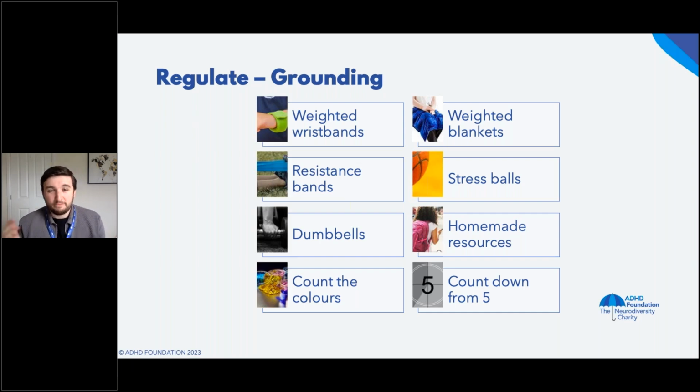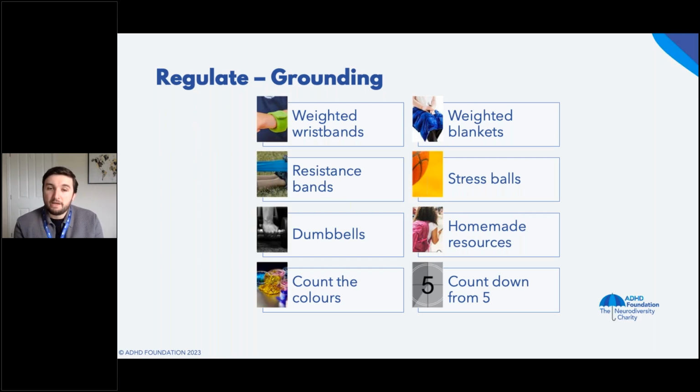It might be an Argos catalogue or Yellow Pages in a backpack. I was in a school recently that had a pair of oven gloves with bags of rice in the pockets, stitched up, and they just sat on the kids' laps like weighted blankets, a cheaper way of doing that. Sometimes distraction techniques can be quite good as well.